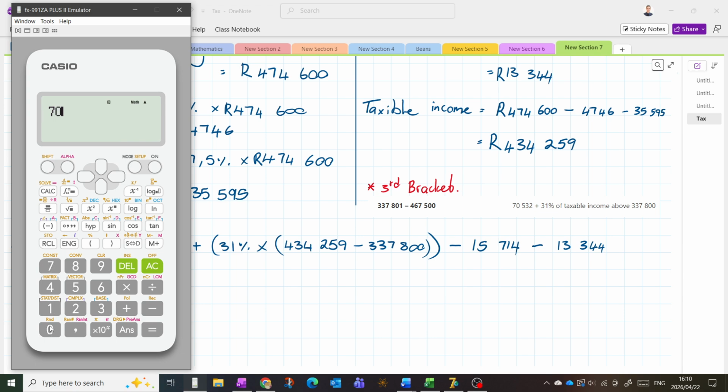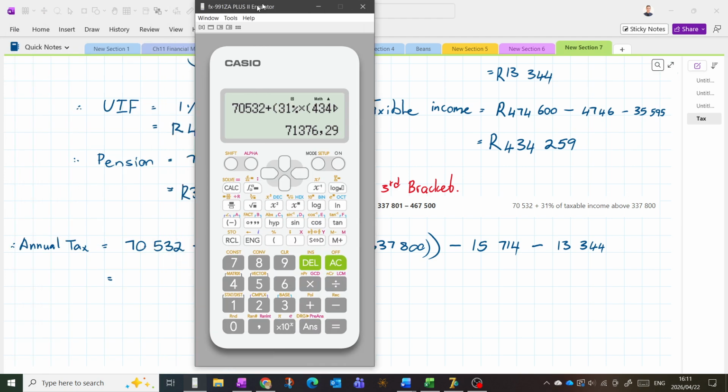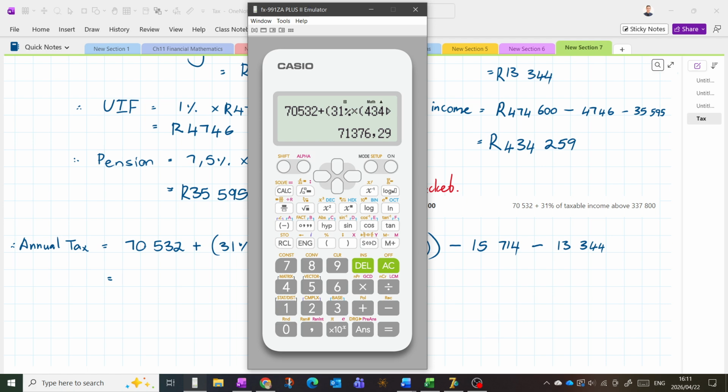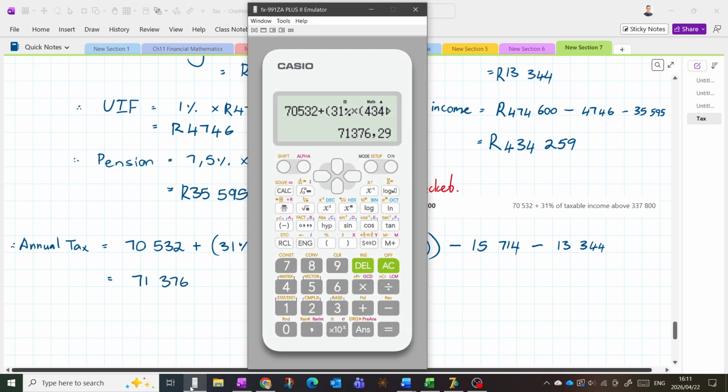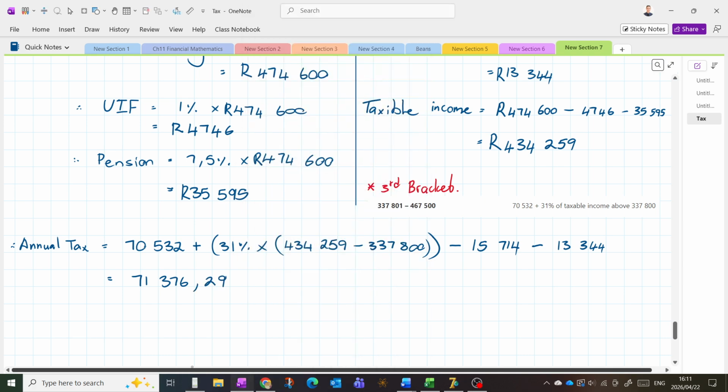We've got the 70,532 Rand that he needs to pay plus 31% of 434,259 minus 337,800, minus the rebate, minus the medical aid credits, which means he ends up paying 71,376 Rand and 29 cents per year.